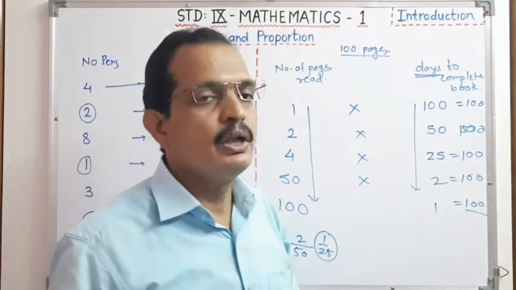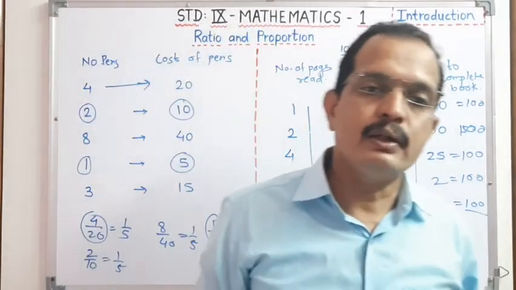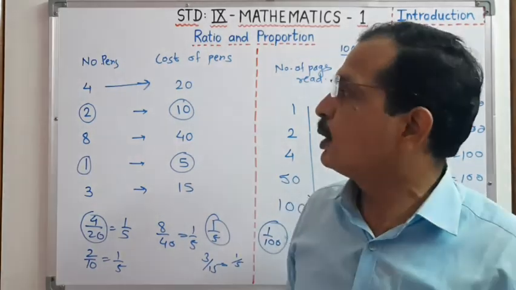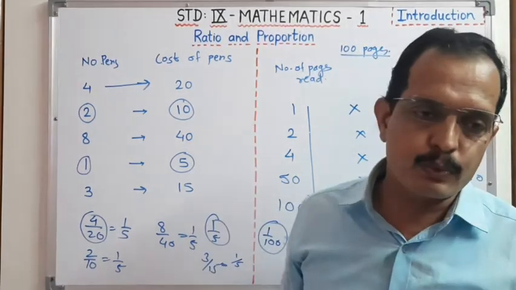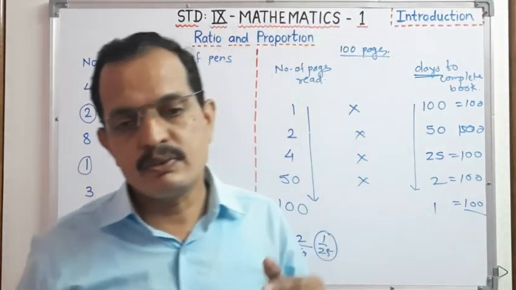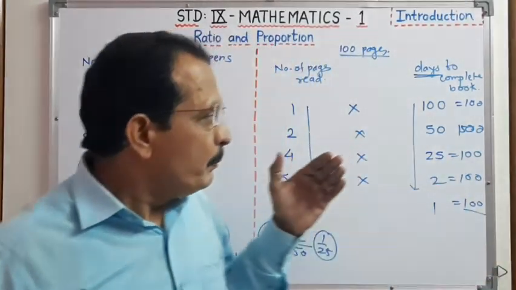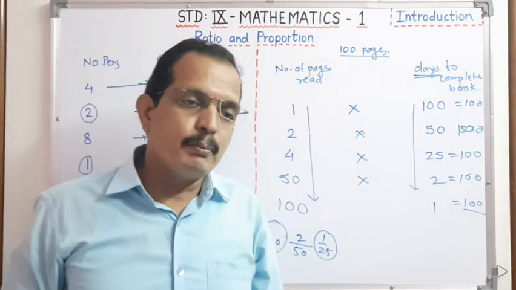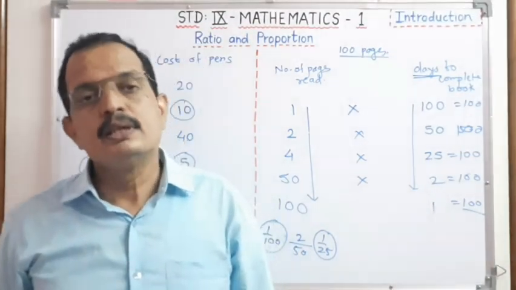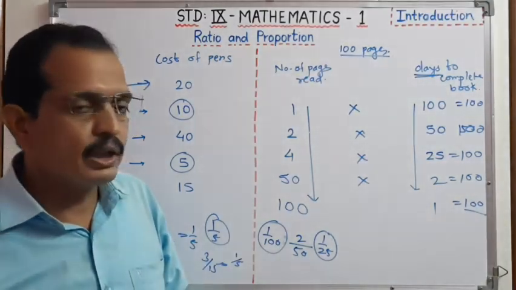Therefore, dear student, here we completed the basic concepts about ratio and proportion. Ratio is the division of two numbers, or a comparison in the form of multiples of the first quantity and the second quantity.